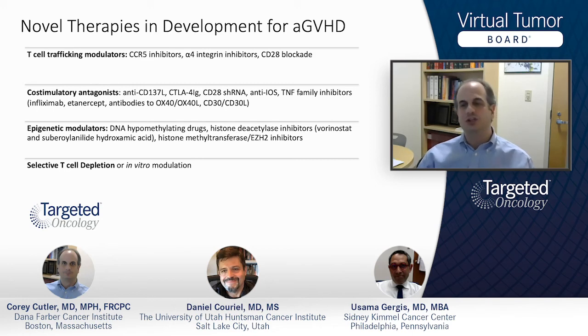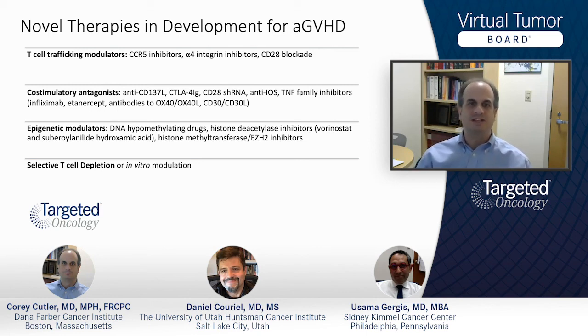So in addition to the pharmacologic agents, we are now attempting to modulate stem cell grafts, either with depletion of all T cells or selective depletion of T cells. We're also doing graft modulation before the cells are infused. We're exploring a whole other category of drugs that modulate T cell trafficking, so preventing the T cells from getting to the target tissues.